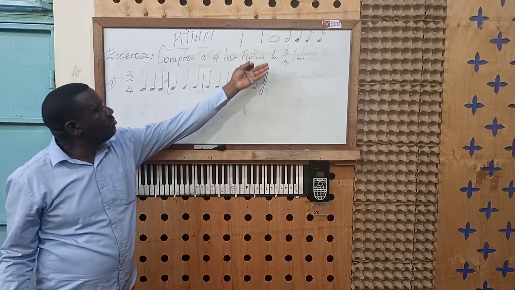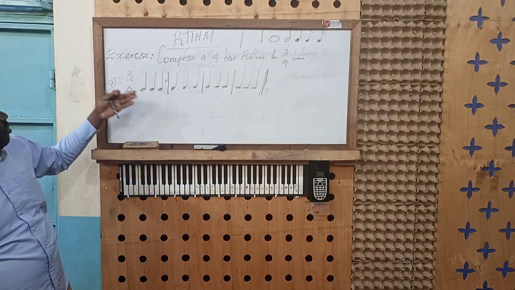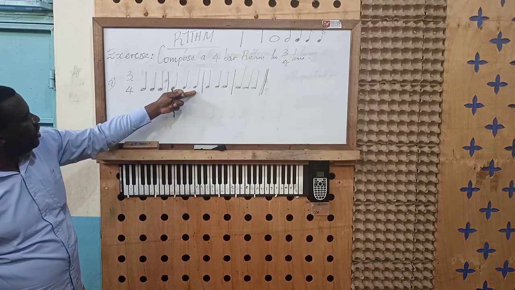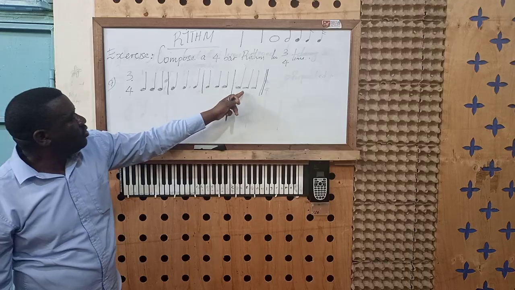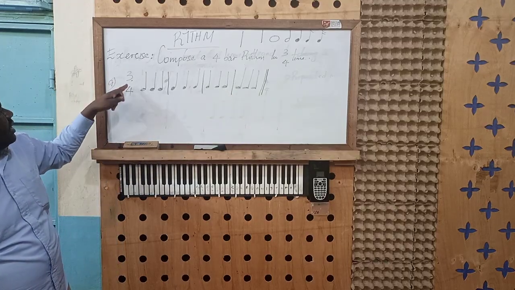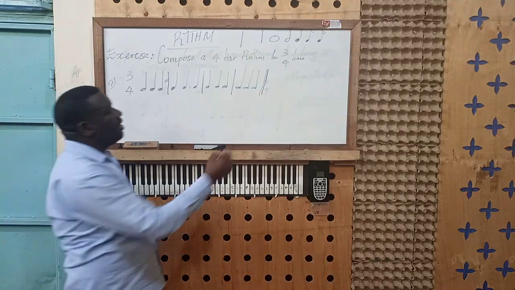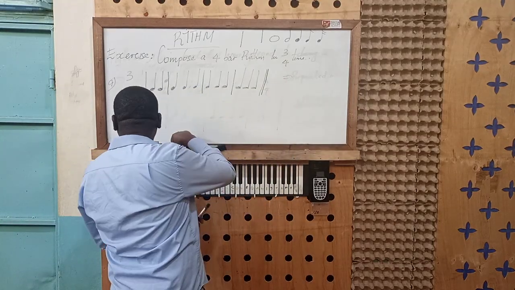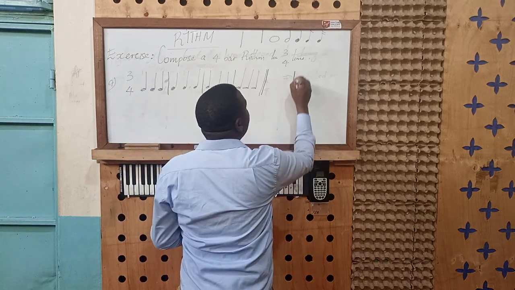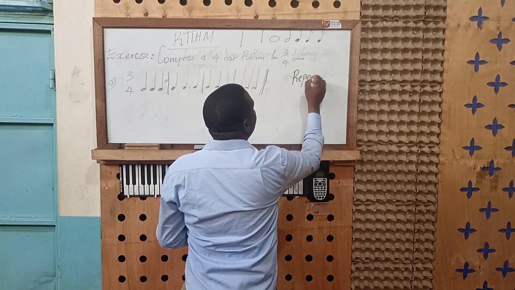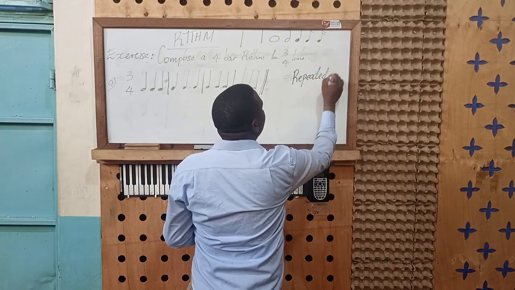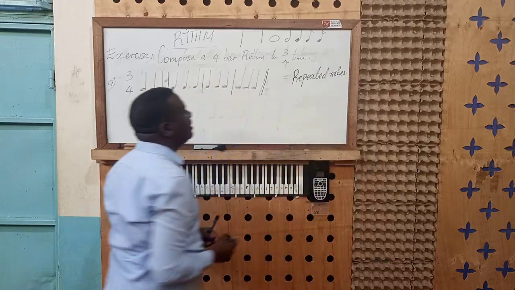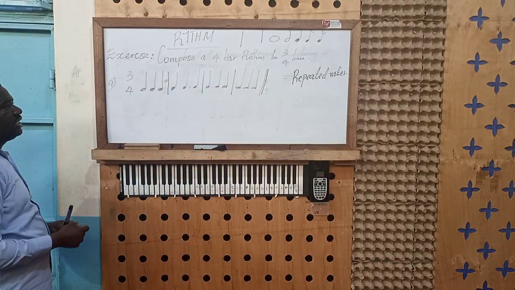Compose a 4-bar rhythm in 3/4 time. 1, 2, 3, 1, 2, 3, 1, 2, 3, 1, 2, 3. So the time signature is 3/4. In this first case, I have used what we are calling repeated notes. So I have just repeated the notes, the crochet.